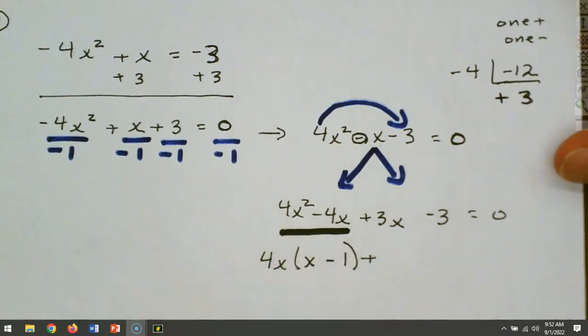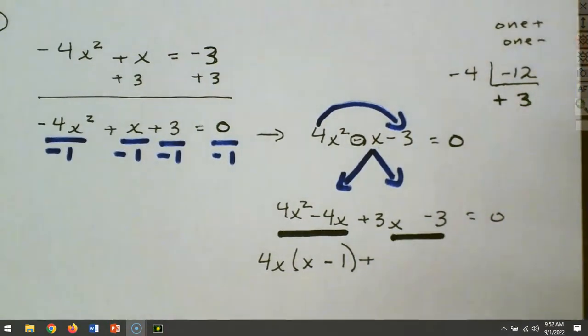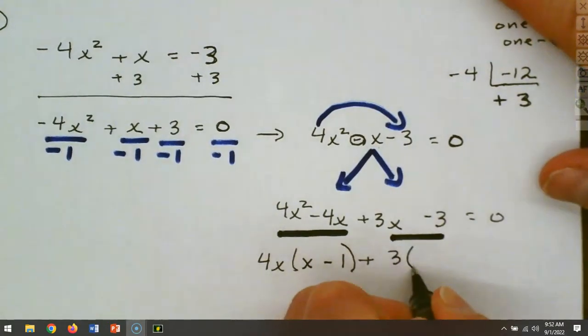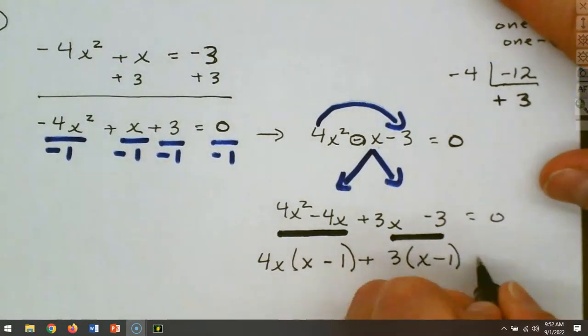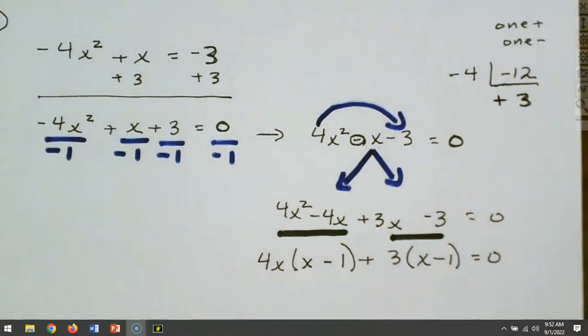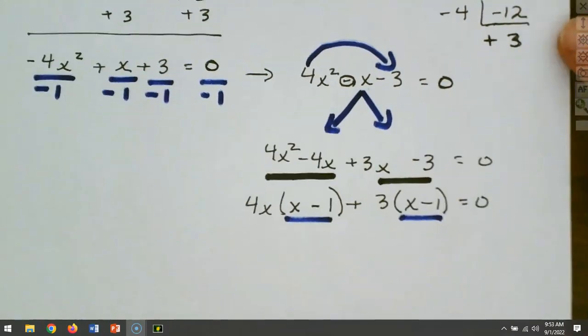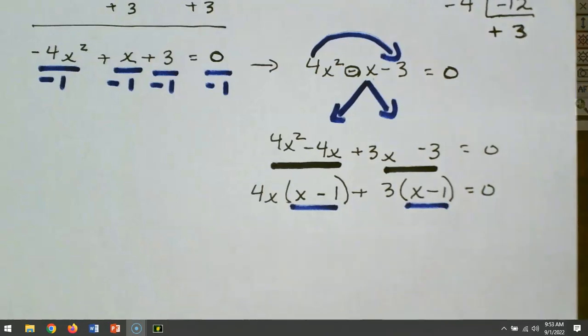Next two pieces, what can come out? 3, right? Because these have a 3 in common, so we factor that 3 out. Now we know we are doing it correctly because that leaves you with an x minus 1, and these match up. They have to match up. If these groupings are different, you made a mistake or it's not factorable. So those were the same.